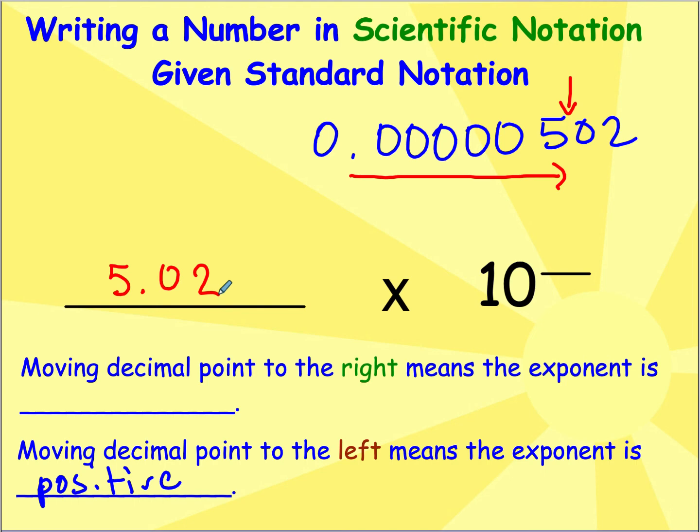Very small numbers less than 1 are always going to have negative exponents. 1, 2, 3, 4, 5, 6 decimal places. So it's negative. I had to move my decimal point to the right to get it between the 5 and that 0 to the right of it. So when I have to move the decimal point to the right to get it where I need it to be, that means it's going to have a negative exponent.